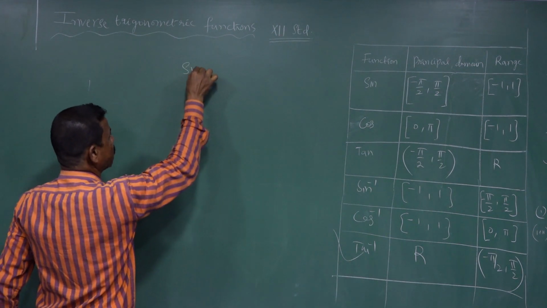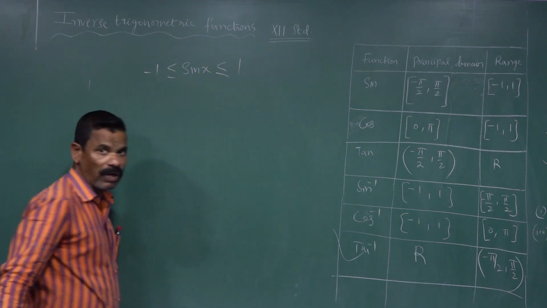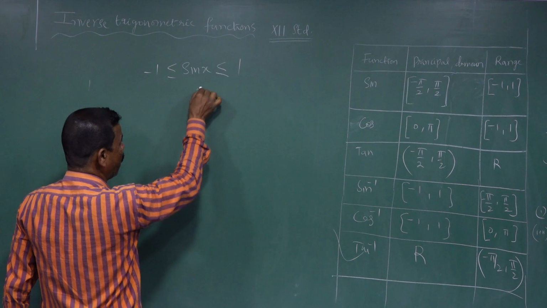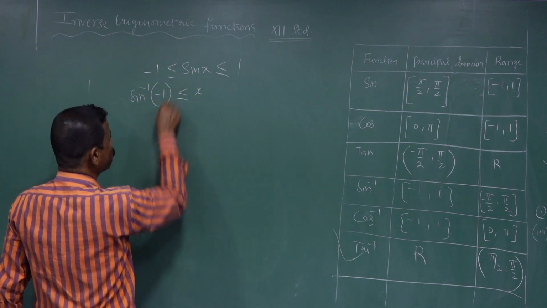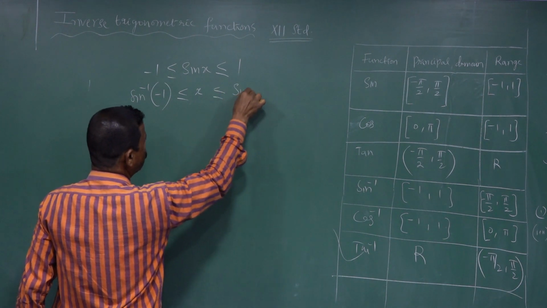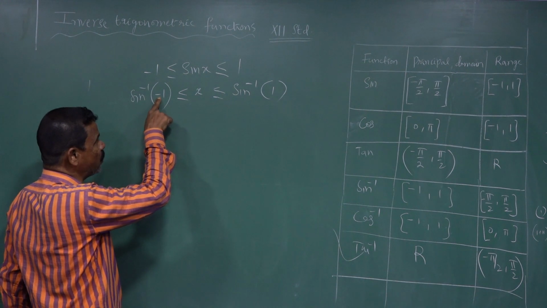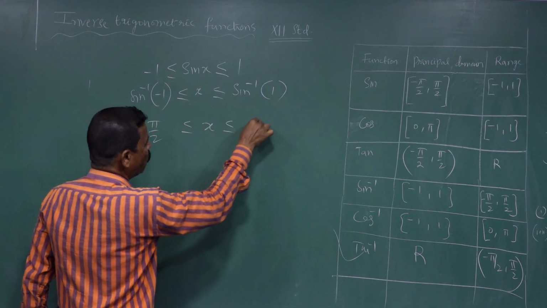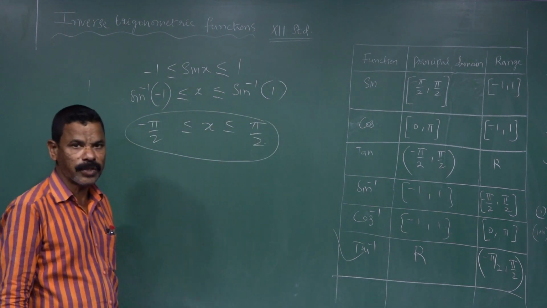Anyhow, sin x lies between minus 1 to plus 1. So if we take the x values lying between sin inverse of minus 1 less than or equal to x less than or equal to sin inverse of 1, that means minus 90 to plus 90. This value is the principal value.